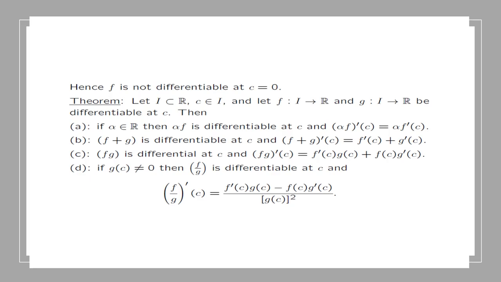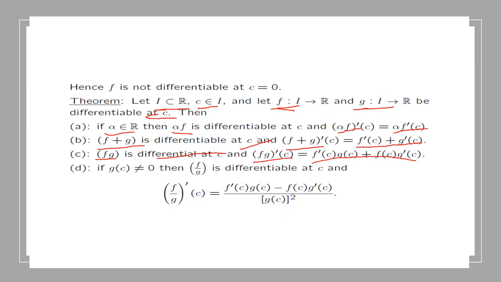So we have the following theorem. Let I be a subset of R, let C be in I, and let F and G be functions defined on I which are differentiable at C. Then, if alpha is a real number, alpha F is differentiable at C, and the derivative of alpha F at C is alpha times the derivative of F at C. The sum F plus G is differentiable at C, and the derivative of the sum at C is the sum of the derivatives at C. The product of F and G is differentiable at C, and the derivative of the product is given like this.